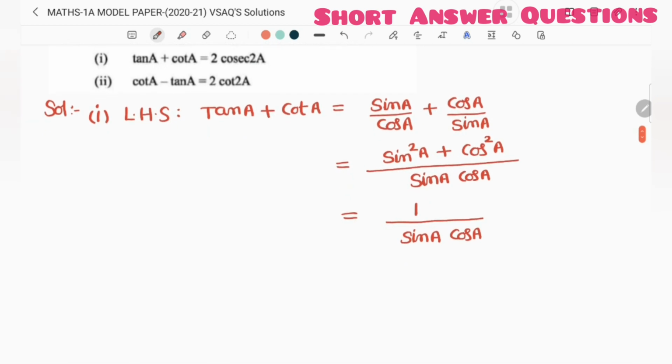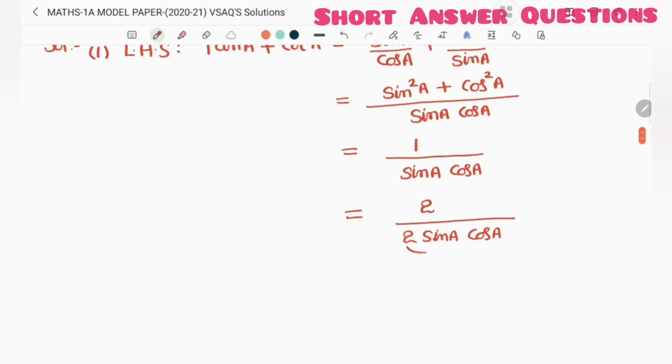So multiplying and dividing by 2, 2 sin A into cos A. 2 sin A cos A means what? Sin 2A. So 2 divided by sin 2A, 1 by sin 2A, the reciprocal of sin 2A is cosecant 2A.